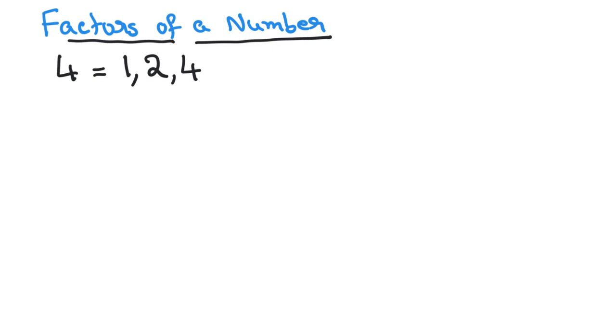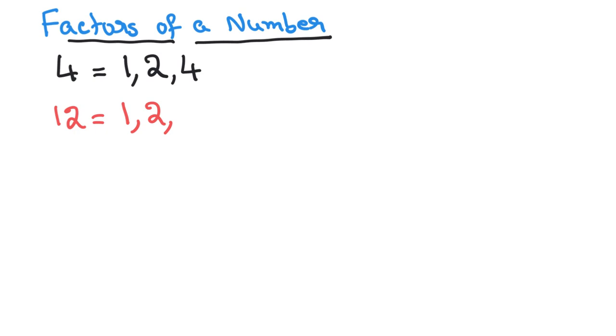So now do you get the idea? What are the factors of a number? All those numbers that can divide the given number. Let's give a try. What about 12? Can you list all the factors of 12? In other words, all the numbers that can divide 12. 1, good. Then 2 can divide 12, so 2 is a factor of 12.